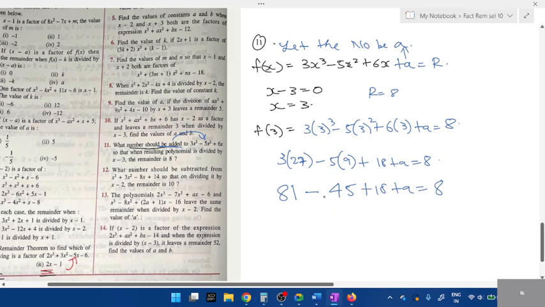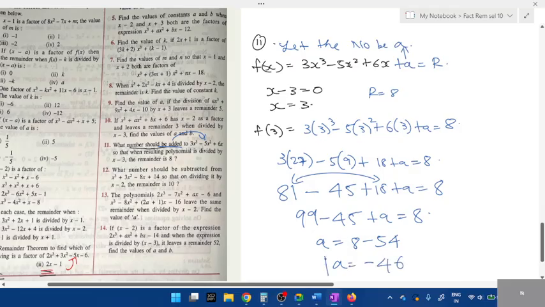Anything is fine. So 81 and 18 are positive. What is 81 plus 8? 99 minus 45 plus A is equal to 8. 99 minus 45 is? If 54 goes to the other side, okay, you should get negative then. Minus 46.